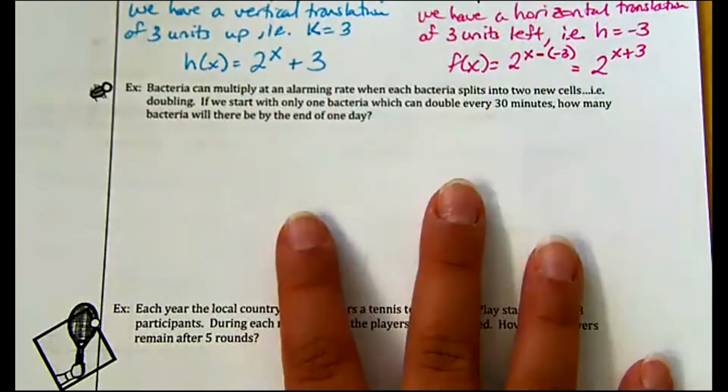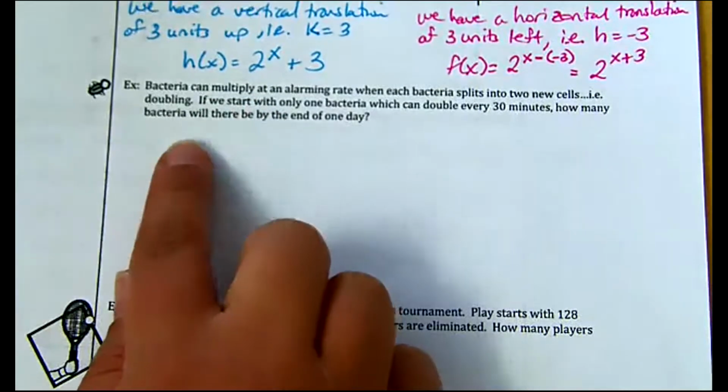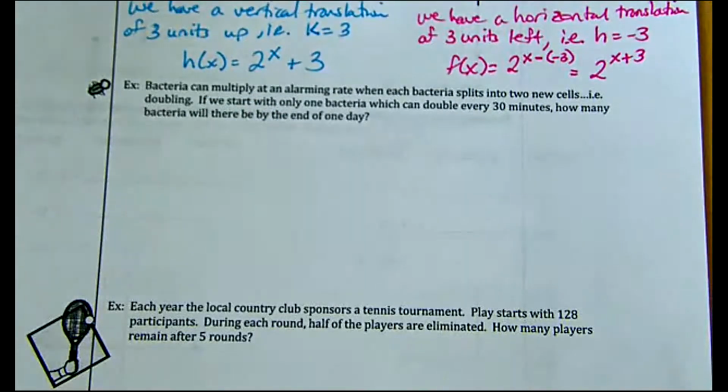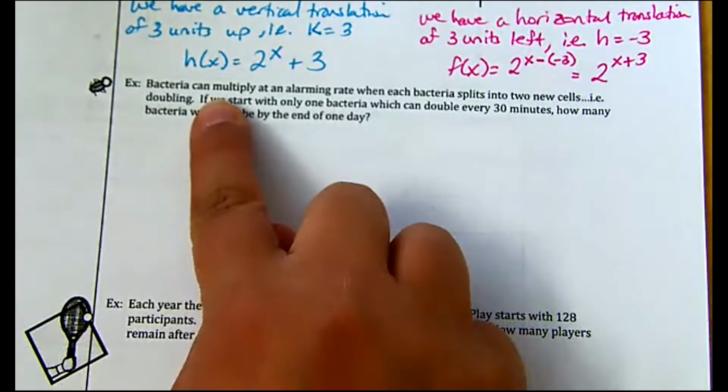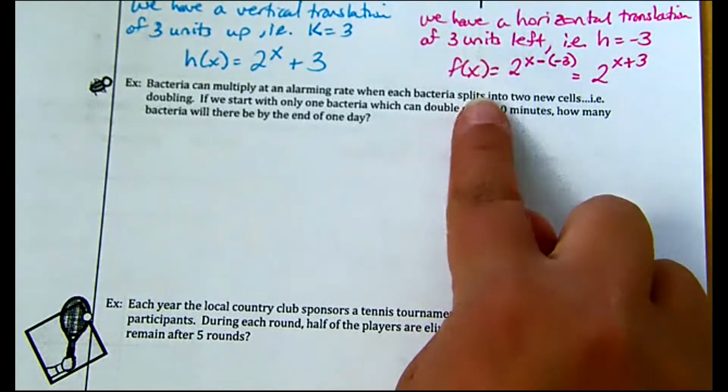Another way that exponential functions are used in the medical field or the science field is bacteria. It says bacteria can multiply at an alarming rate when each bacteria splits into 2 new cells. So multiplying, splitting into cells, we're talking about exponential growth.